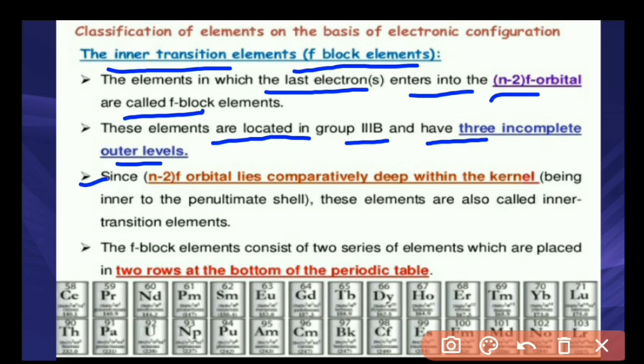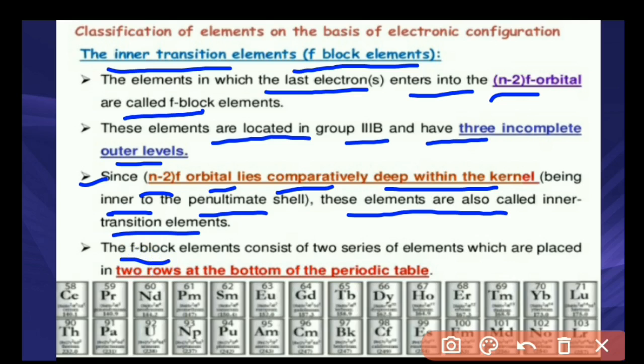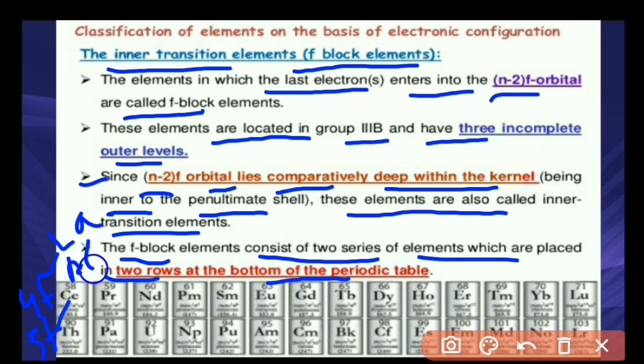Since the n-2 f orbital lies comparatively deep within the kernel, in the antepenultimate shell, these elements are also called inner transition elements. The f block elements consist of two series placed in two rows at the bottom of the main periodic table: the 4f series and the 5f series. The 4f series are called lanthanoids and the 5f series are called actinoids. These two series have 14 elements each.